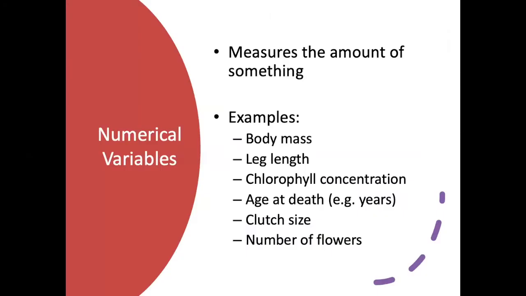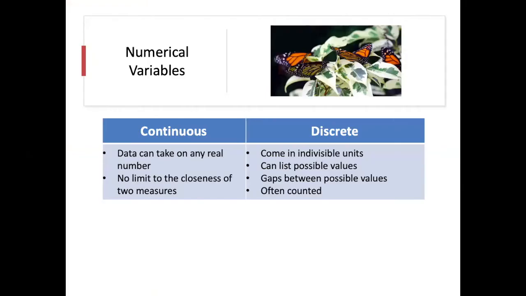In contrast to categorical variables, numerical variables involve actually measuring an amount of something. So we might, instead of categorizing, measure the body mass, leg length, chlorophyll concentration, clutch size, or number of flowers. These variables aren't categorized, instead they're measured. We also have two different types of numeric variables then: continuous numeric variables and discrete numeric variables.